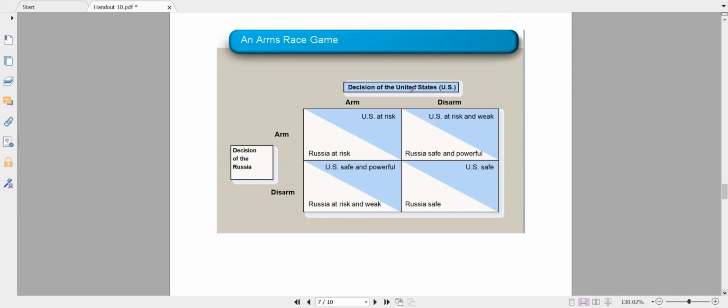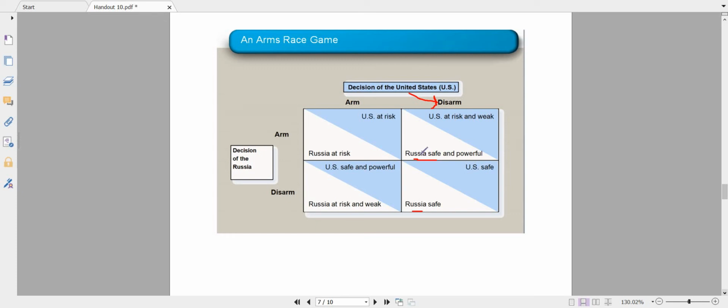If US stays true to the agreement and disarms, what is the best strategy for Russia? Russia is going to compare its payoff. Isn't it better that Russia arms itself? That way it's going to be safer, and in a more powerful position. It will be in the position to press US to agree to all of their demands.